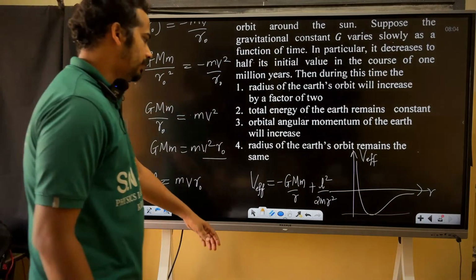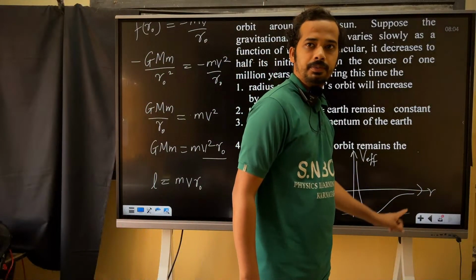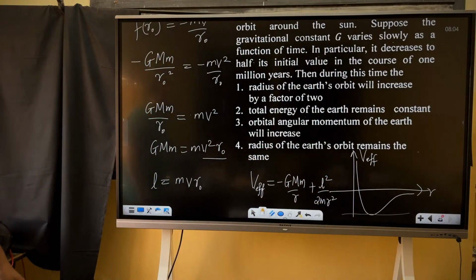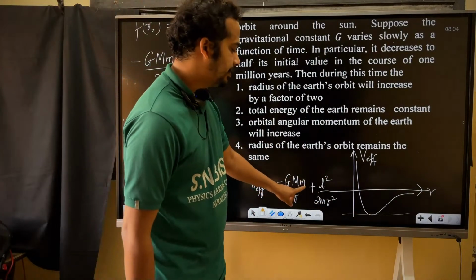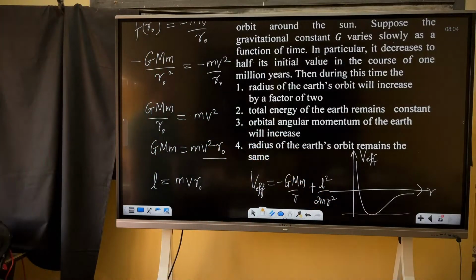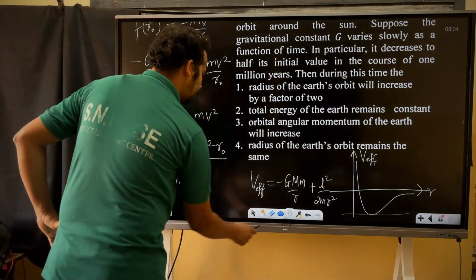So this curve will change. When this G changes, this curve will change. And what we need to do is conserve angular momentum.